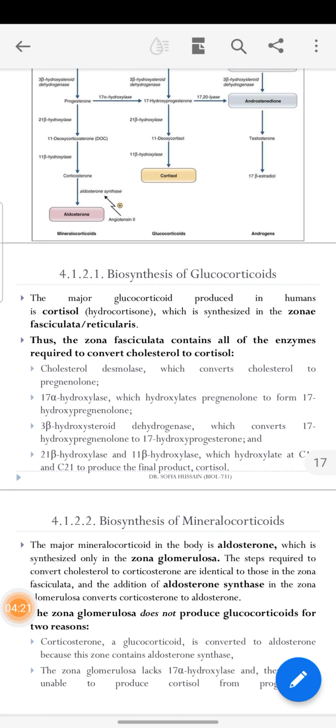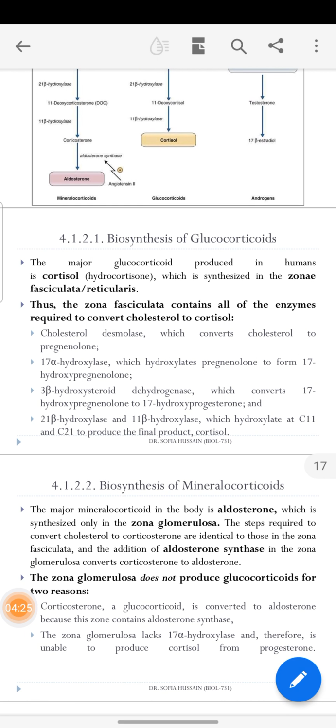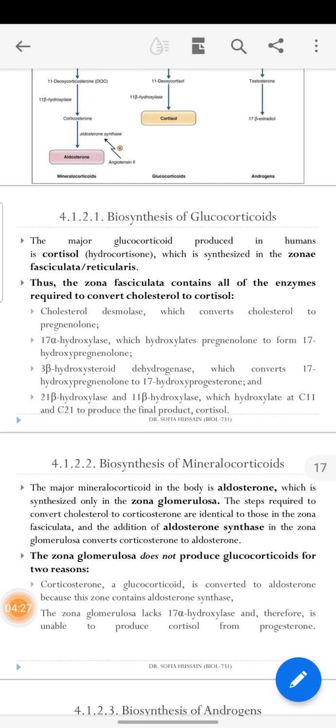Now, how are glucocorticoid steroid hormones formed in humans? Cortisol is formed in the zona fasciculata.